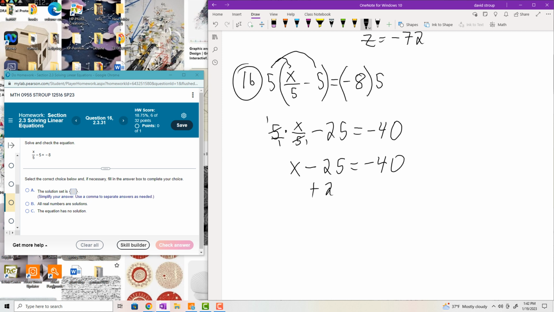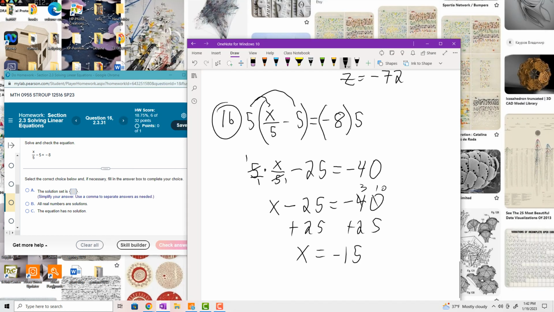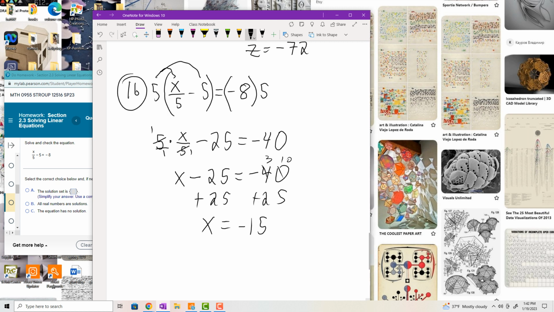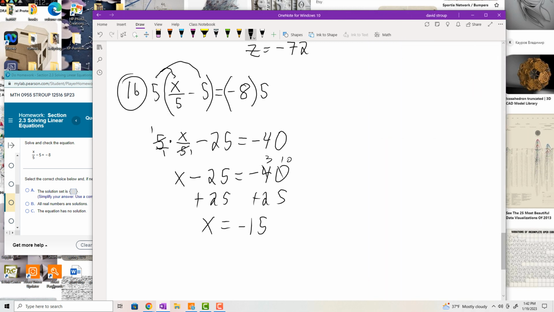So I'm going to add 25 to both sides. And I'll get x equals, I have to do a bit of arithmetic here, negative 15. Okay. Let's go ahead and check that the hard way. So I've been kind of lazy about checking. Usually I check in my head, so that's a good way to do it, but let's just see it. So I'm replacing x in the original equation with negative 15.